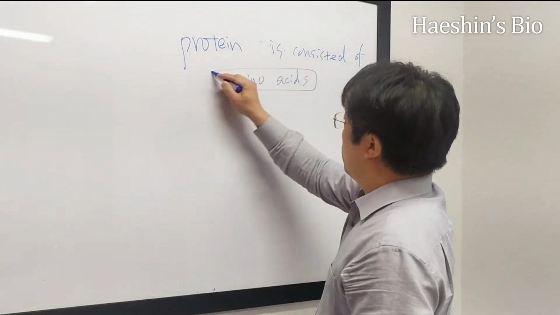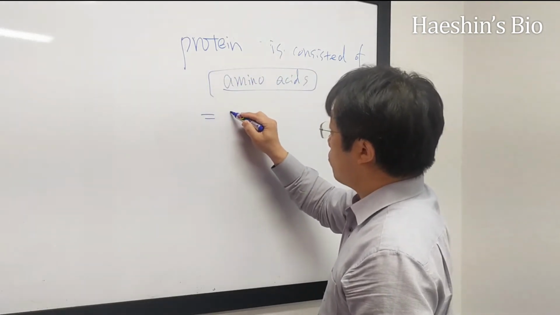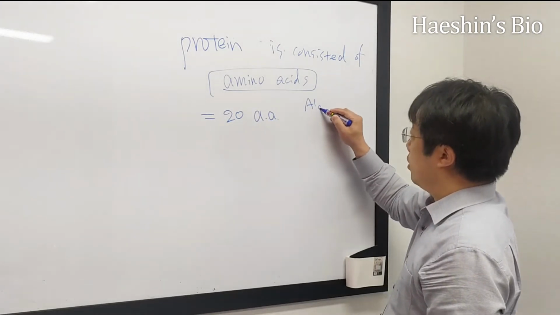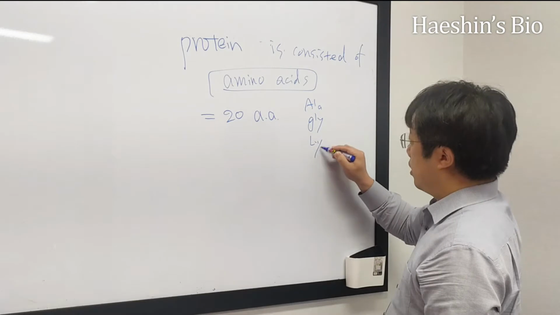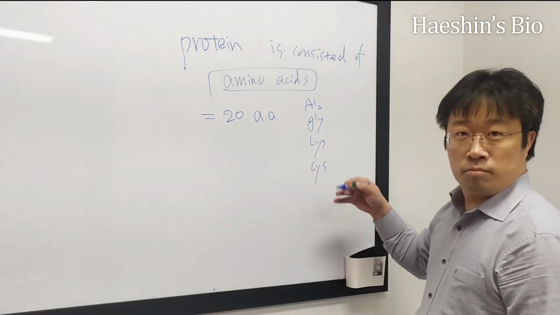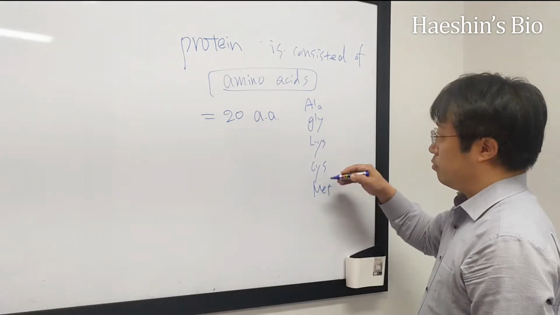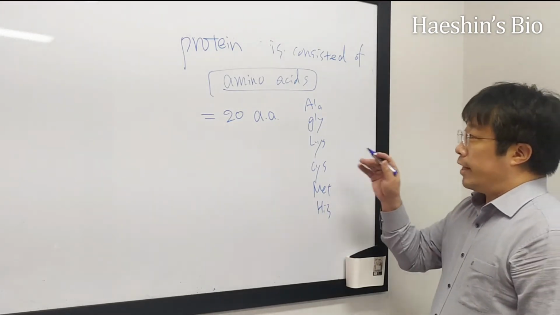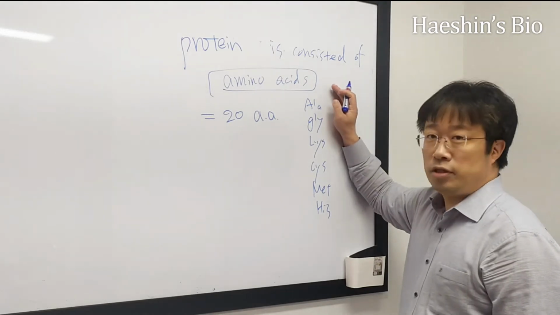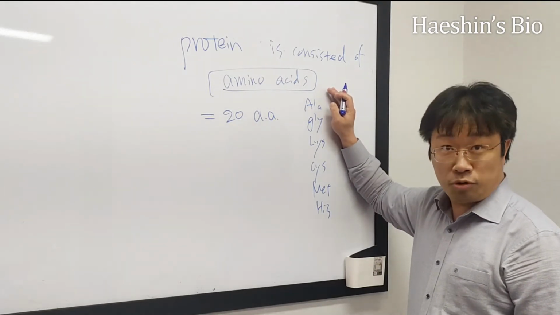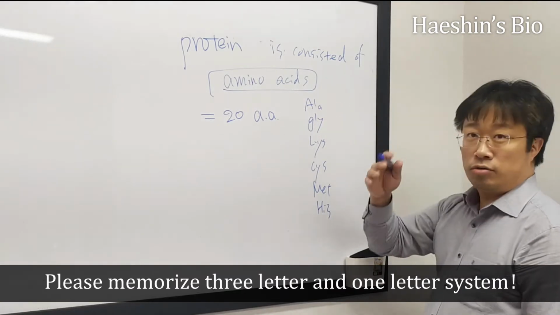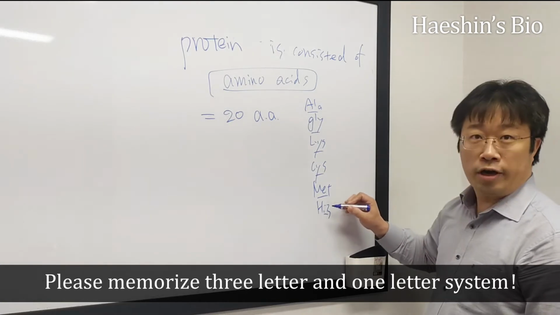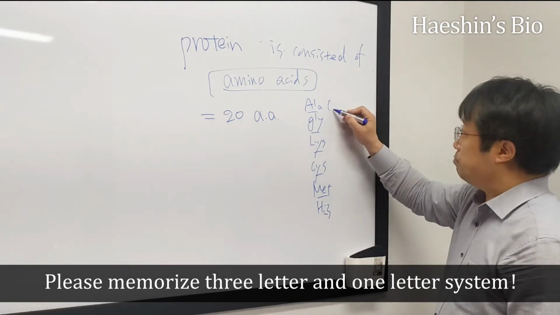So the amino acid, we have 20 different amino acids. We start from alanine, glycine, lysine, cysteine, methionine, whatever you learn, histidine. So this class, maybe before the midterm, we will talk a lot about the protein. So I want you to memorize all the 3-letter characters of the amino acids.